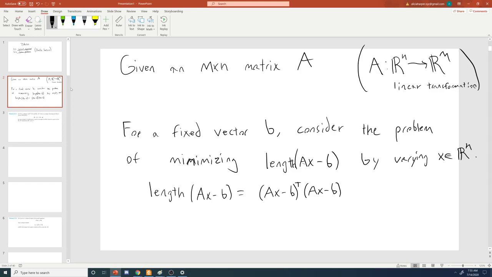And here is a somewhat obvious remark. If the system Ax equals b is solvable, then this minimum is 0.